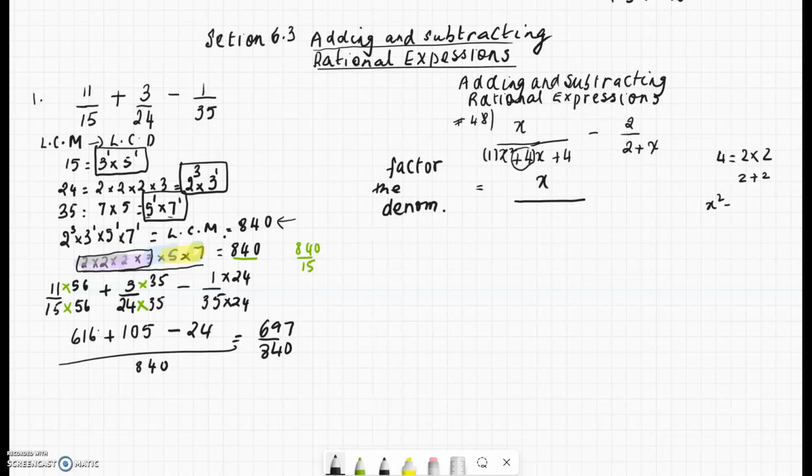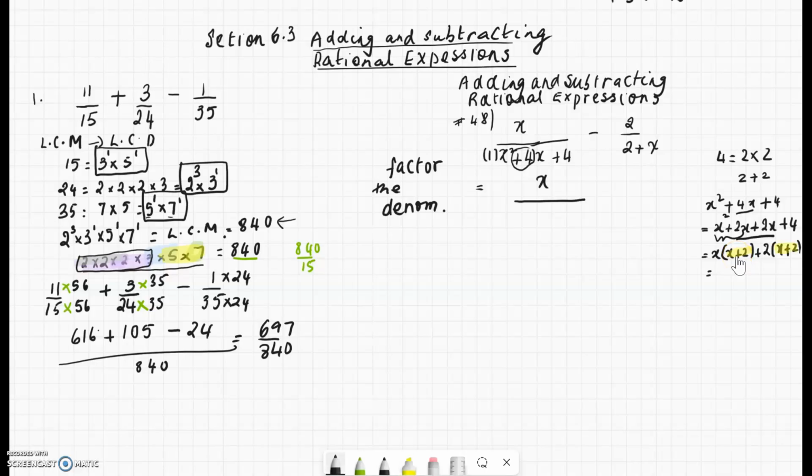So now we break it down. x squared plus 4x plus 4 is equal to x squared, and now we break this 4x into 2x plus 2x, plus 4. And now factor the x out, so you get x times x plus 2, plus 2 times x plus 2. Factor the 2 out, and now we have a common factor of x plus 2.